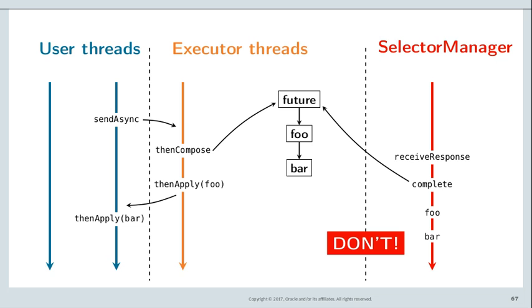It means that methods foo and bar will be executed from selector manager thread. Not will be, but they could be executed from selector manager thread. And as I told, selector manager thread is a very important thread. That thread should not block. It should process all receiving data very quickly and distribute it to receivers.